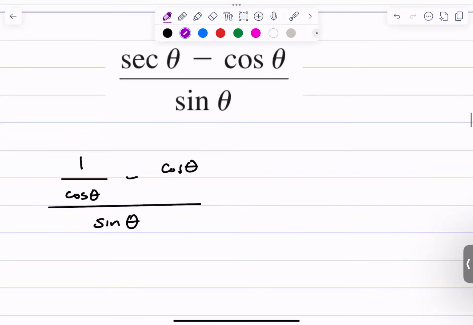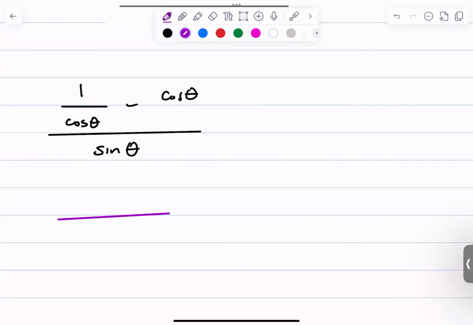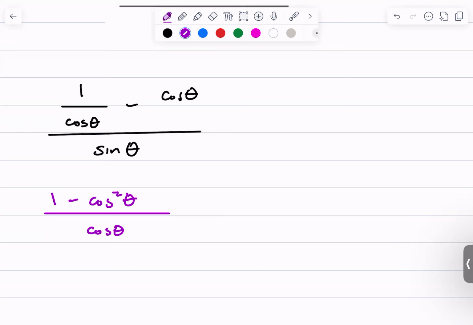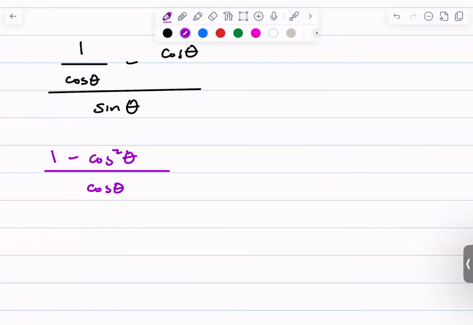Getting the common denominator of cosine, this would be 1 minus cosine squared theta. Right? And I know 1 minus cosine squared is sine squared theta over cosine squared theta all over sine theta.